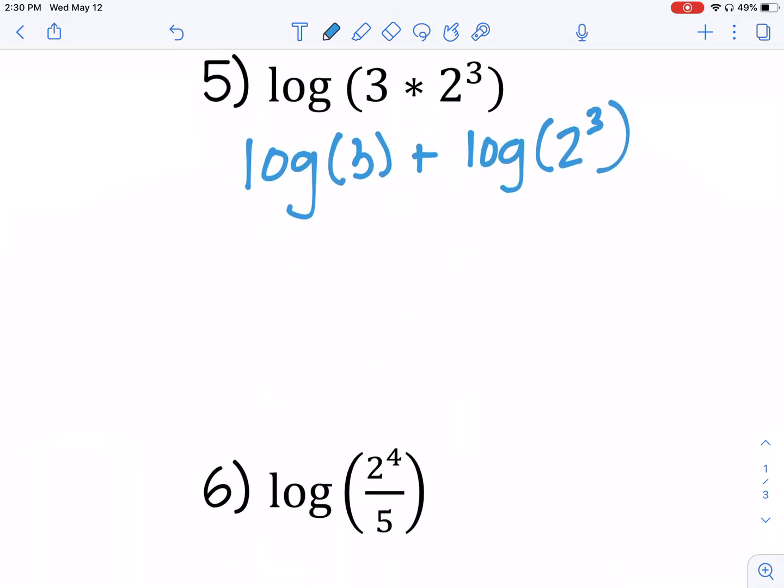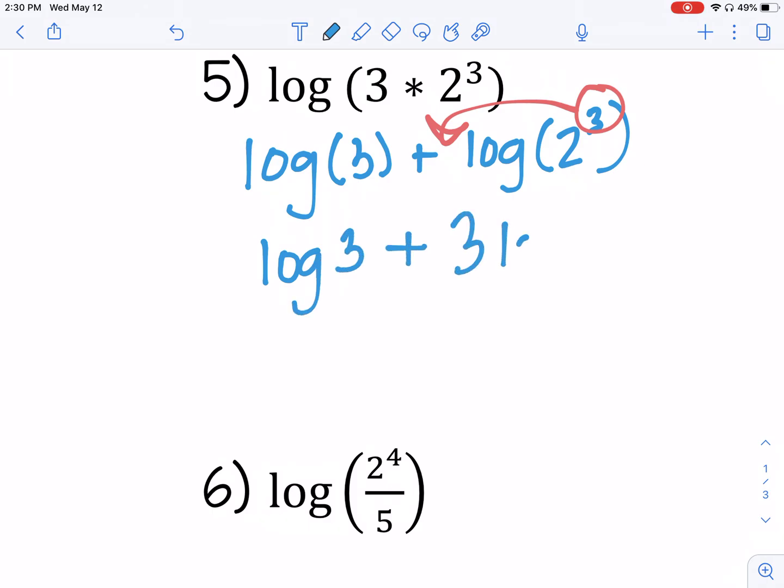Now we can take this 3 and bring it out front. So this log of 3 stays the same. And then this 3 comes out front, and then the log of 2.